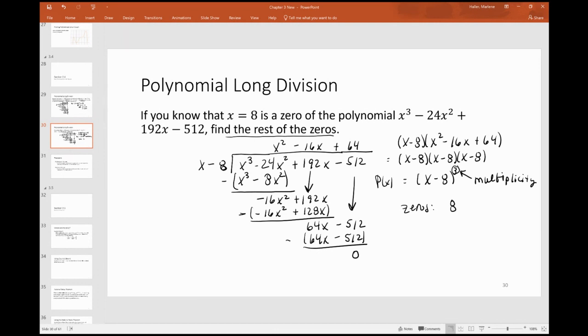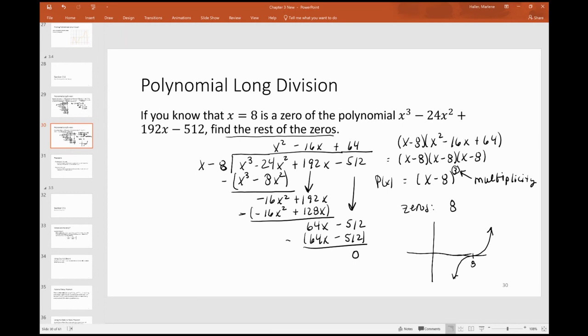So if we're to graph this, what's going to happen at that zero, where it's 8? Right at that zero, in a very rough sketch, it's going to resemble the cubic function. It's going to linger just a little bit. It's going to look like that, right at the zero, x equals 8.